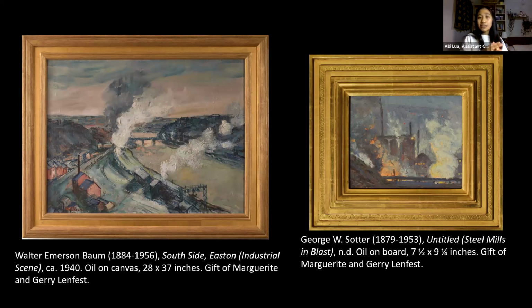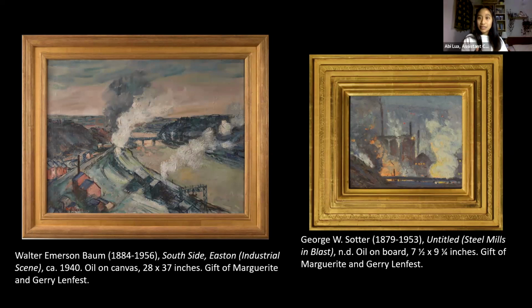And you can see how Baum depicted that with the railroads and the steam coming from the railroads. Then on the right, we have a very tiny painting done by George Sauter. It's actually a study for a larger painting. George Sauter is from Pittsburgh, Pennsylvania, and being from Pittsburgh, he was really surrounded by iron and steel production that was predominant there.